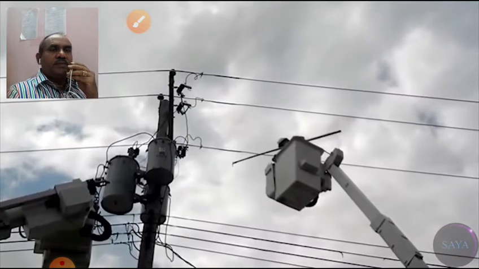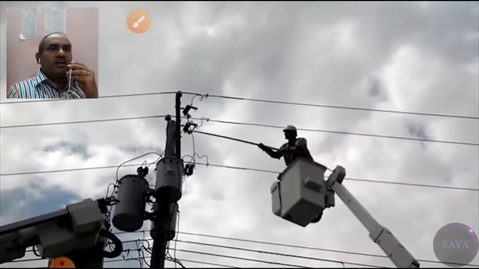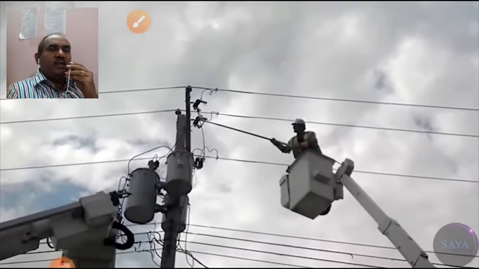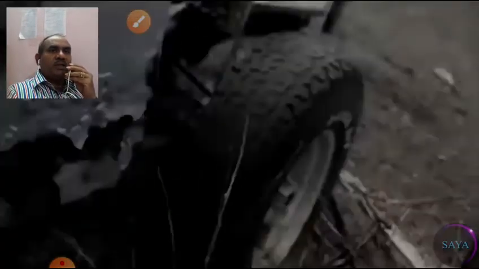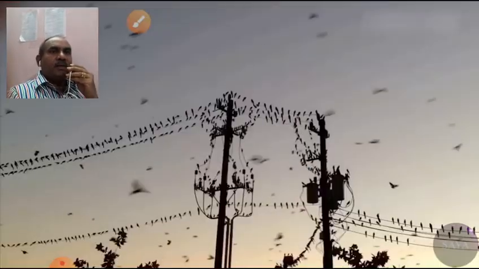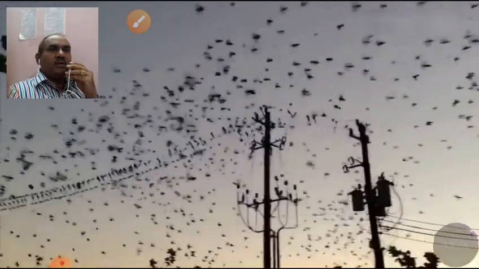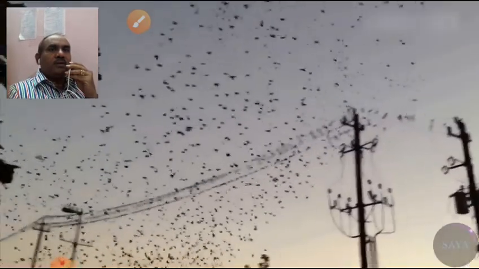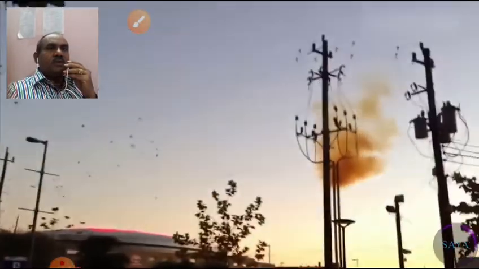Now you can see someone opening the switch or closing the switch. Now you can see tripped. You can see it.